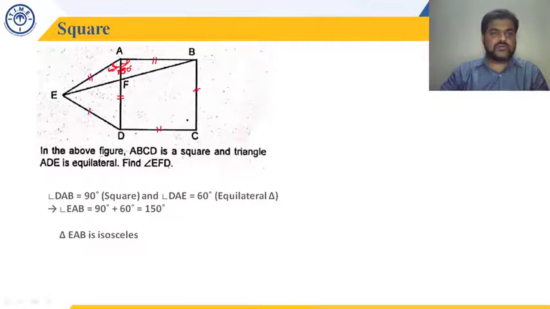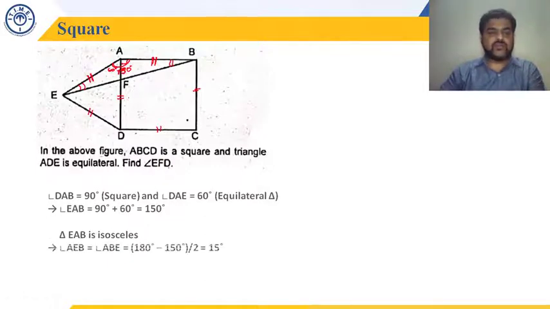So these two sides will be equal to AD. So as you can see, in triangle AEB, these two sides are equal, and therefore this is an isosceles triangle, which means these two angles, if two sides are equal, then opposite angles are also equal, isn't it? So what is the value of these two angles at the corners? So that will be 180 minus 150 divided by 2.